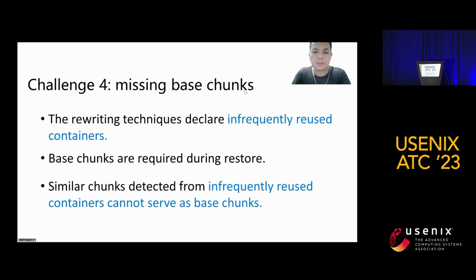The rewriting techniques declare infrequently reused containers, which should not share redundant data with the current backup, to alleviate chunk fragmentation. However, since base chunks are needed during restore, similar chunks in infrequently reused containers cannot be used as base chunks. Otherwise, the efficiency of the rewriting techniques would be reduced.